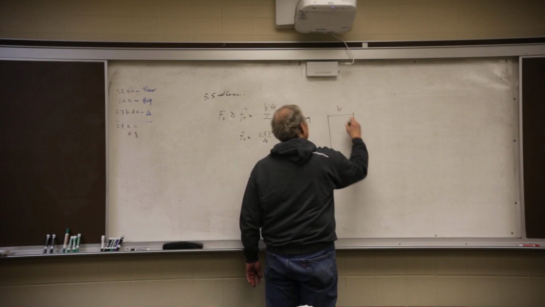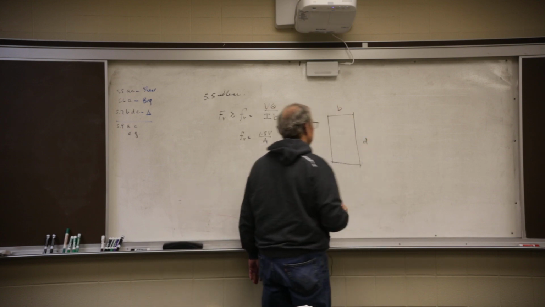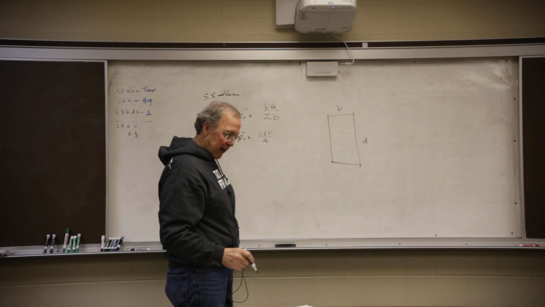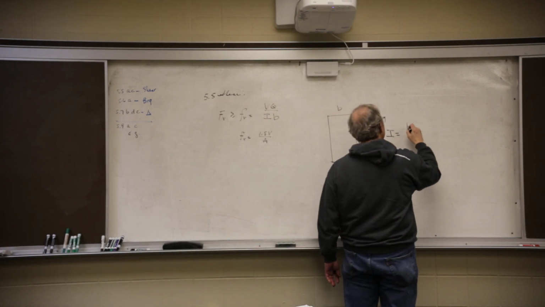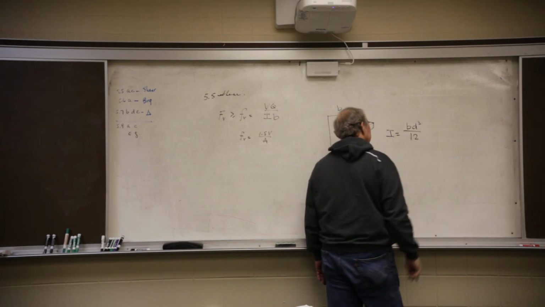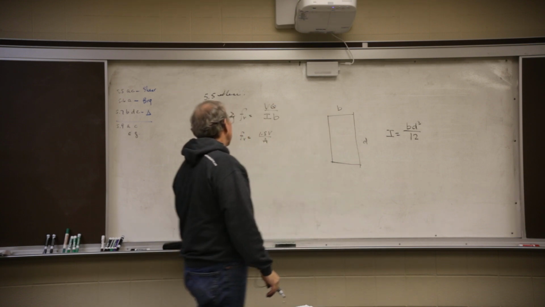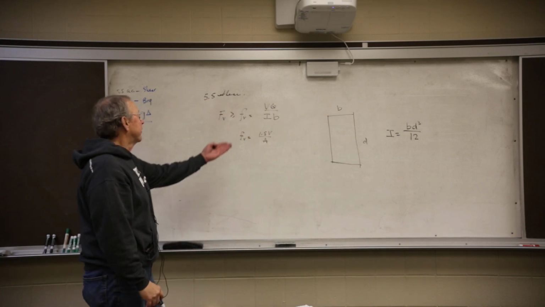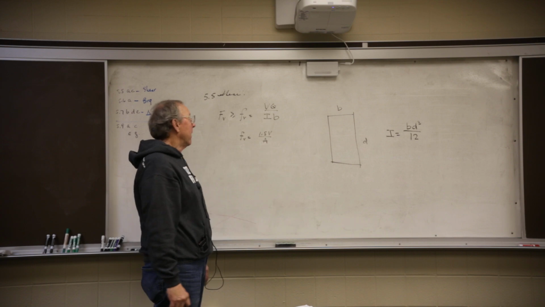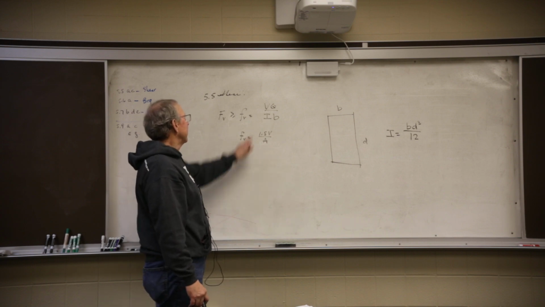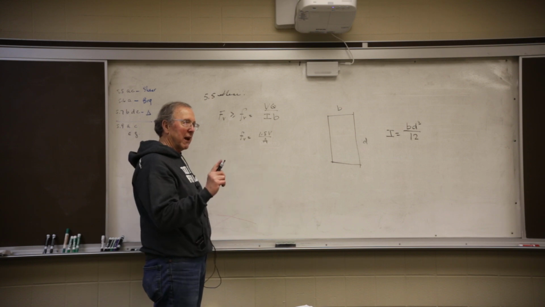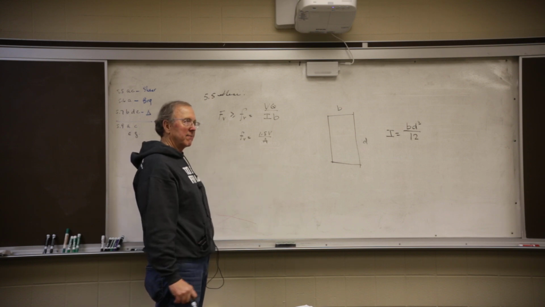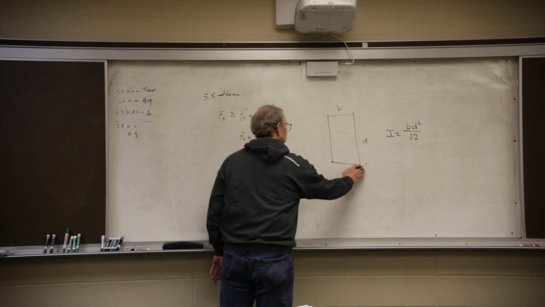And it's also got an equation there. It's got I equals BD cubed over 12. Okay, this relates to that. I'm going to show you why this equation is this equation for one special case, a rectangle. Okay, so let's do it.